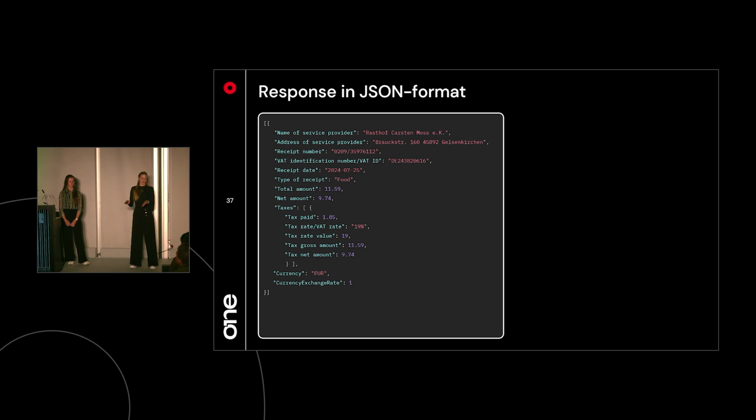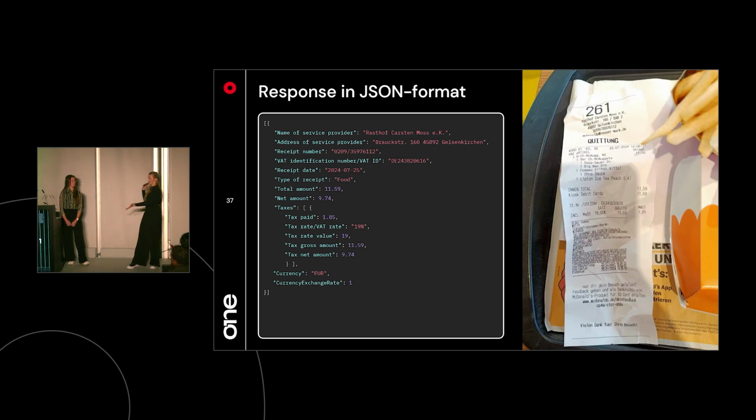Here you can see the sample JSON structure that we sent with our prompt. That's not exactly the one, but so you can imagine it. We have the different fields that need to be filled and also the different values that can be in there. Yes, this is the invoice that belongs to this, just so that you can see what we mean with that.